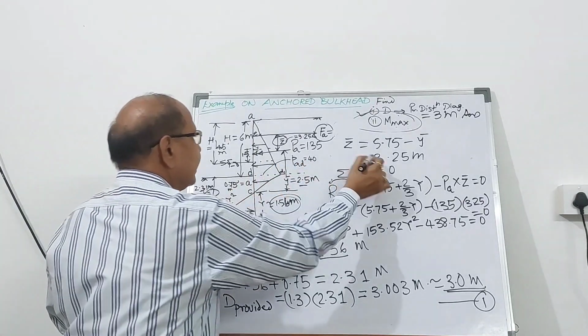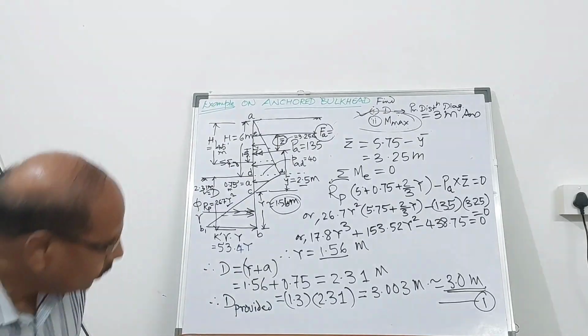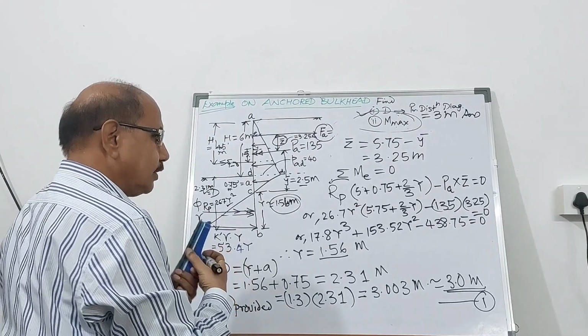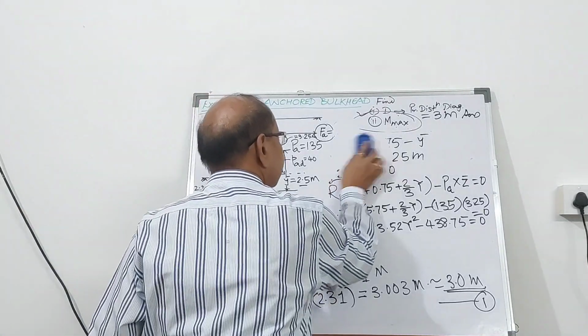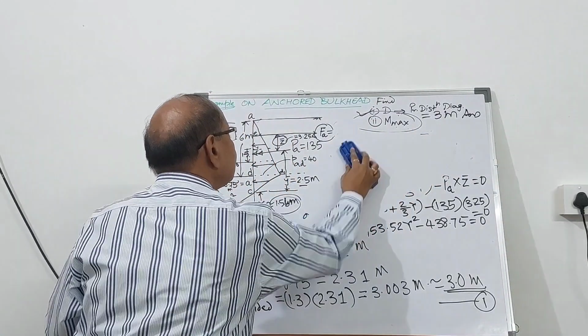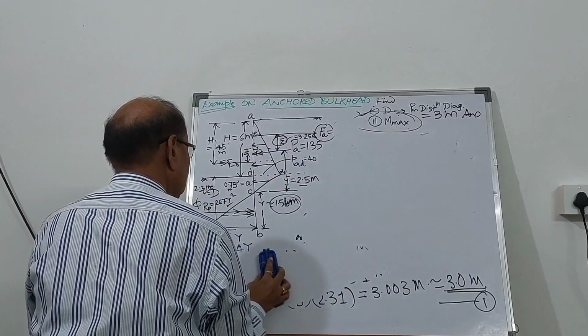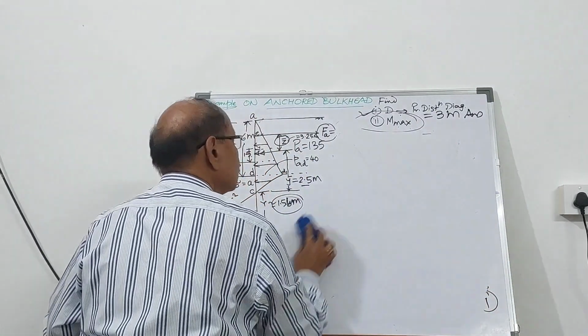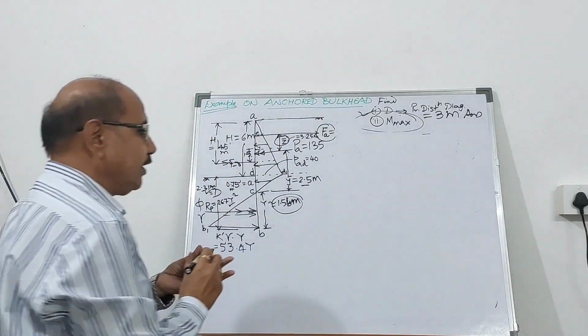Z bar we have already calculated as 3.25 meter. So let's now calculate the maximum bending moment.